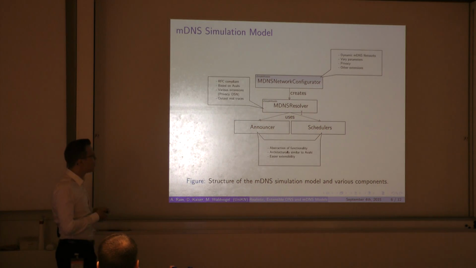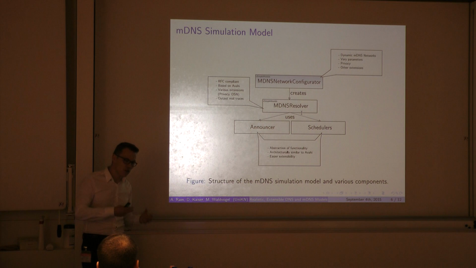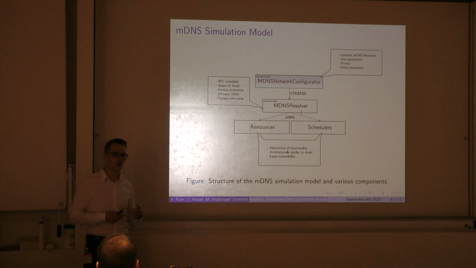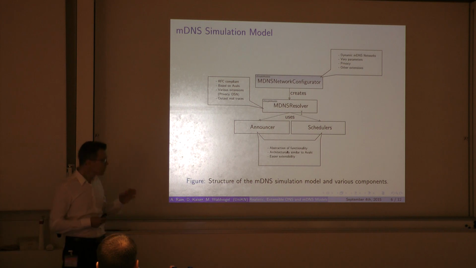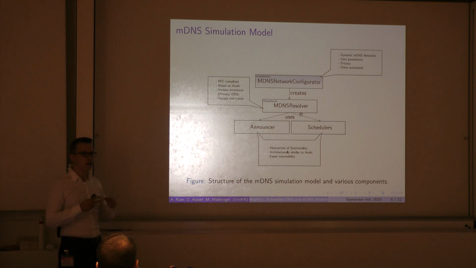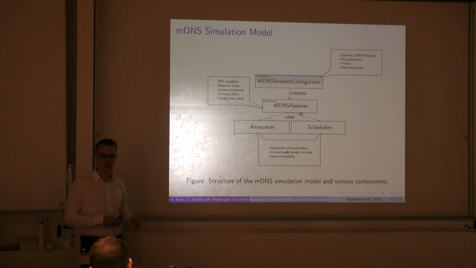The mDNS resolver provides the actual functionality you're used to have from the Avahi daemon or the Bonjour service. It is RFC compliant and based on the Avahi implementation, from which we also try to imitate the architecture in order to make it easier for developers to start developing extensions using our mDNS model.